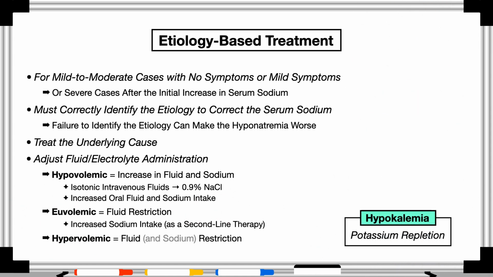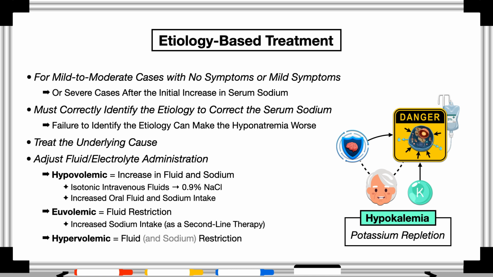Keeping up with the honorable mention of hypokalemia as an etiology for hyponatremia, potassium repletion can help to increase the serum sodium level by sending water into the cell and pulling sodium out of it. In some situations, potassium repletion can be sufficient for bringing the serum sodium level back within the normal range.